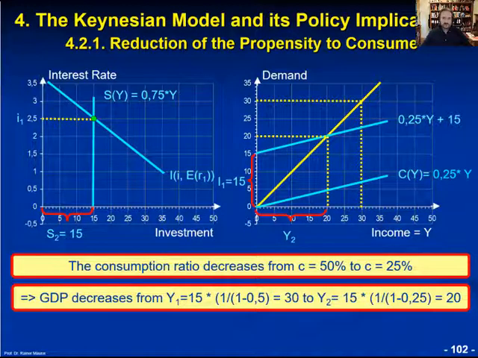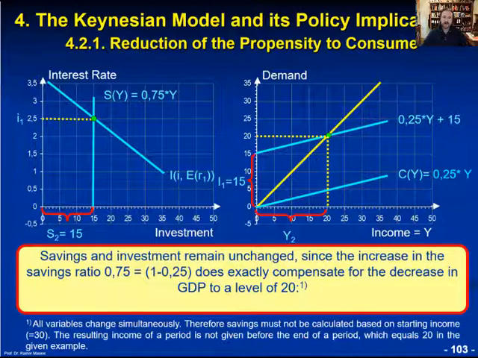This does now shift the intersection point with the 45-degree line from this position to this position. The new equilibrium level of GDP is now equal to 20 units.